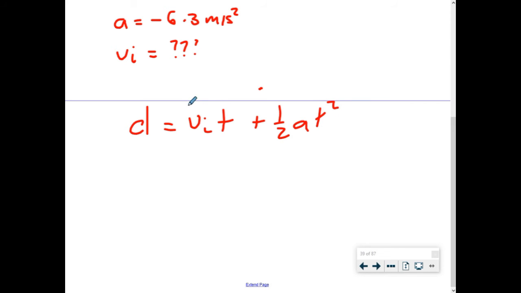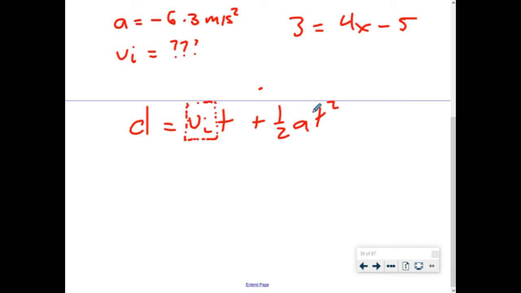And we are being asked to solve for VI, which is kind of like the equation 3 equals 4x minus 5. That's kind of what this is. D is like the 3. 4 and x are like the VI and t. And then over here, there's an extra term.